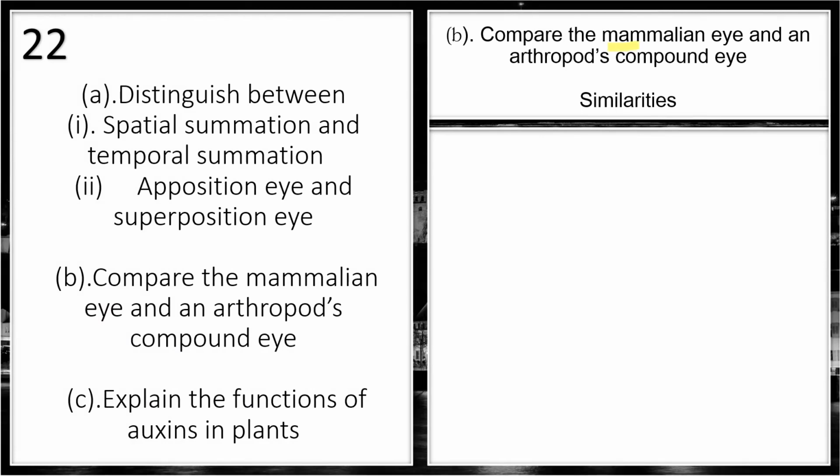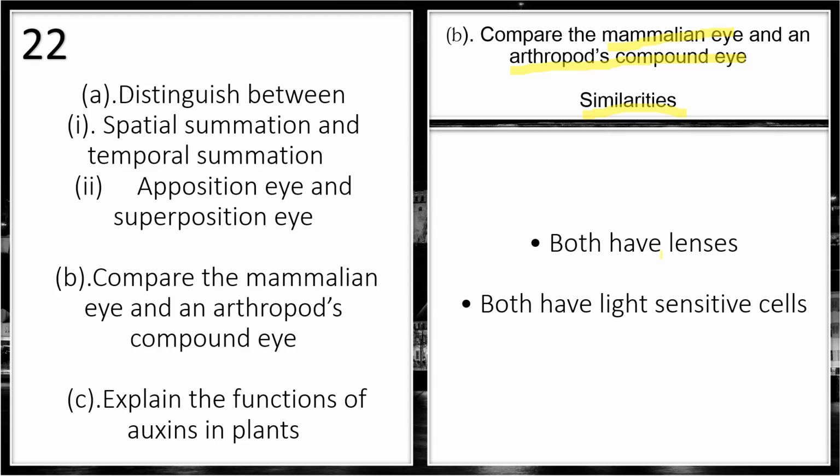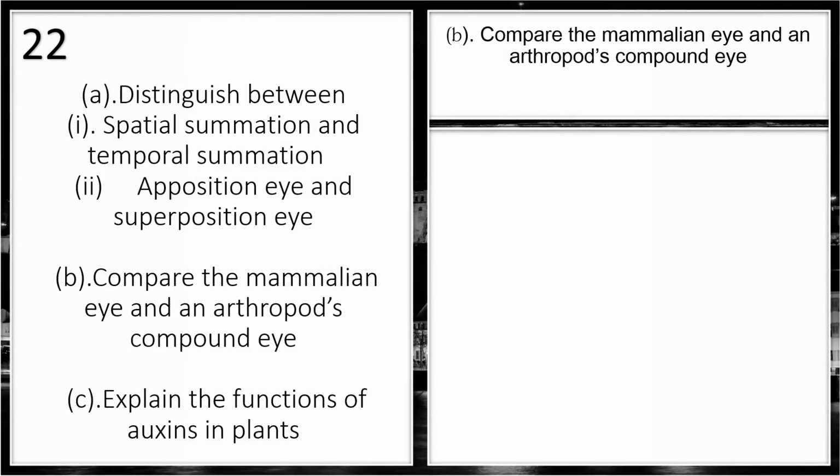Compare the mammalian eye and arthropod compound eye. We shall start with the similarities. Both have lenses and both have light-sensitive cells. Let's look at the differences.